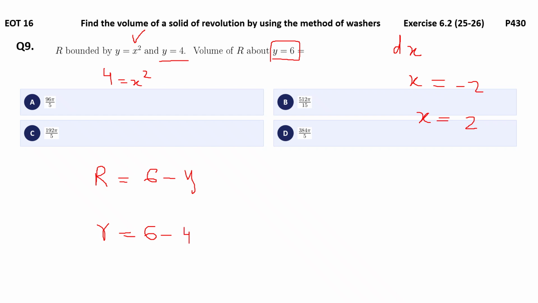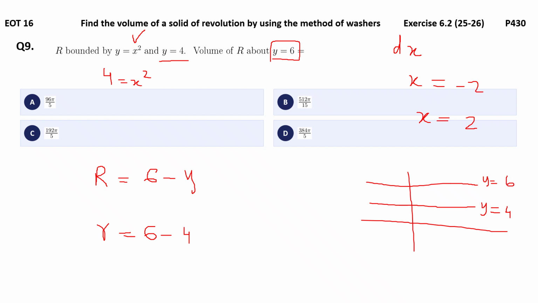If you look at the expression, your y equal to 6 is the topmost region. y equal to 4 falls here. So this is y equal to 4 and this is y equal to 6, right? So the inner gap is over here. That's 6 minus 4.